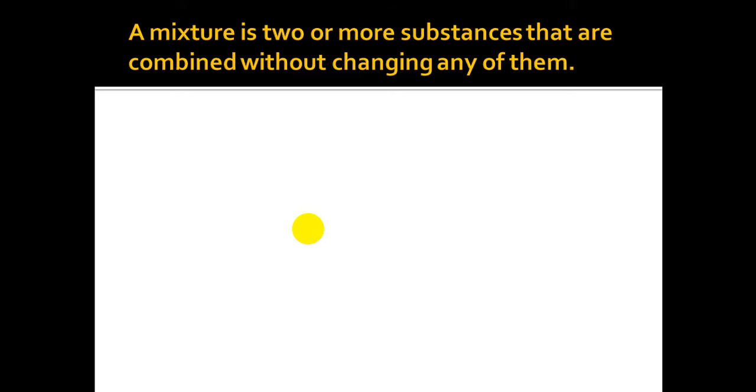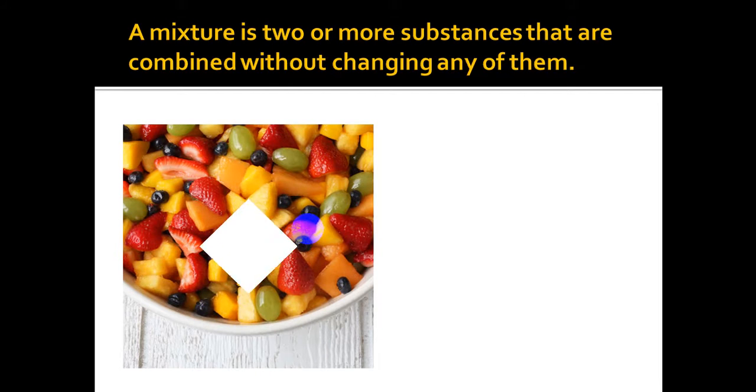Let's move to another point, which is a mixture. What is a mixture? A mixture is two or more substances that are combined without changing any of them. What is the meaning of these words? Let's have a look here to this fruit salad. It's made up of many substances.